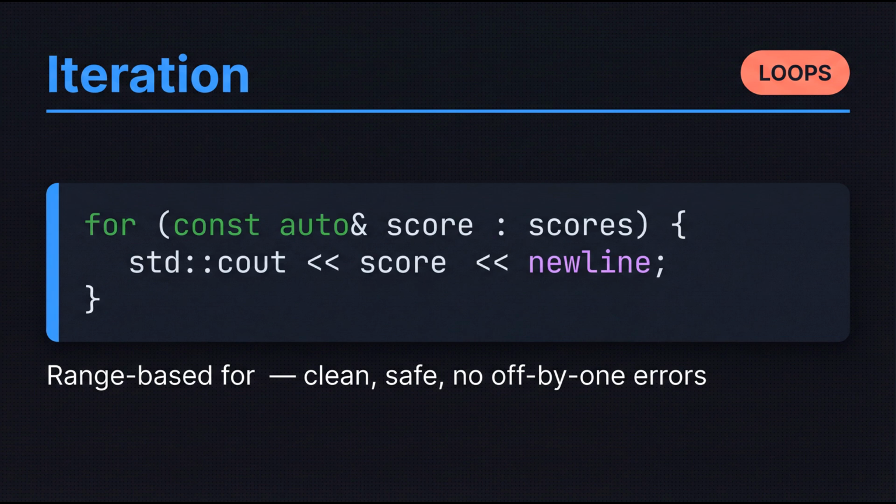This syntax works with vectors, strings, arrays, and any standard container. No indices to manage, no off-by-one errors, no risk of going past the end. Range-based for is the default iteration pattern in modern C++. Use indexed loops only when you specifically need the index.